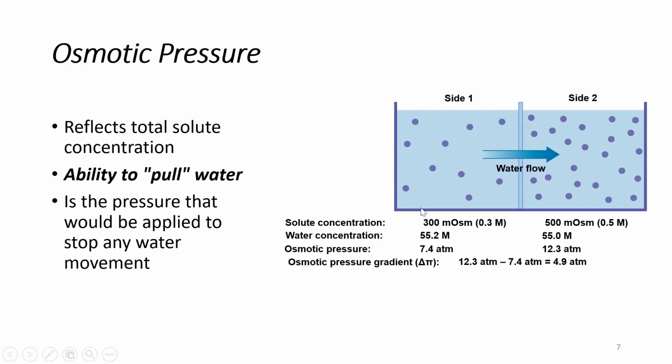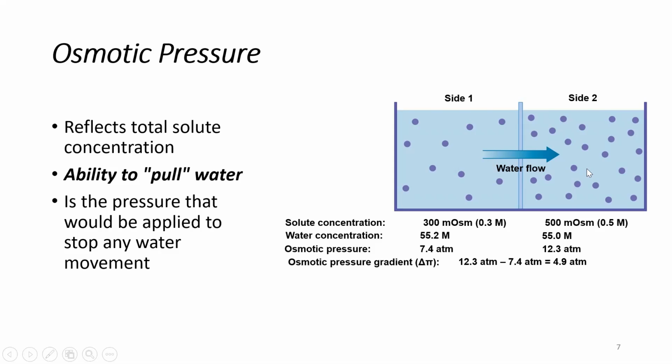All right, and then at the bottom here, we can see that there's also an osmotic pressure gradient. Because we have a higher osmotic pressure on side two, in other words a higher pull, and a lower osmotic pressure on side one, or a smaller pull, we have an osmotic pressure gradient, which facilitates the movement of water from the low side to the high side.